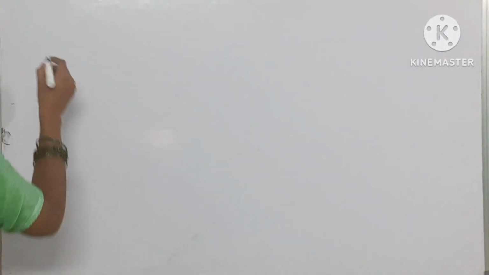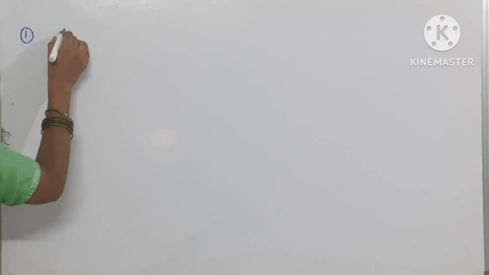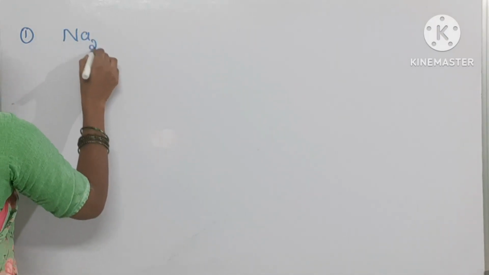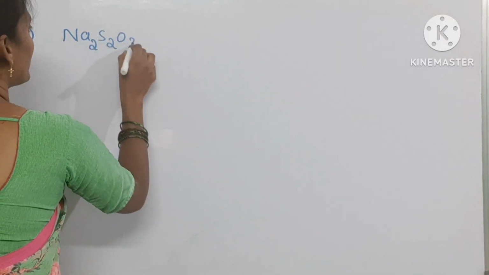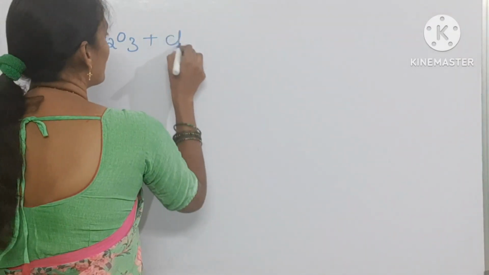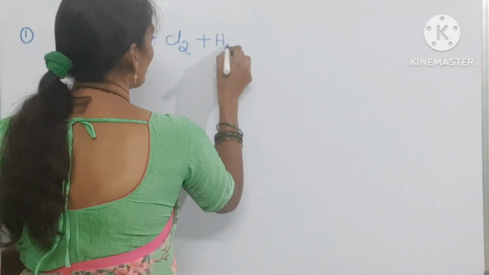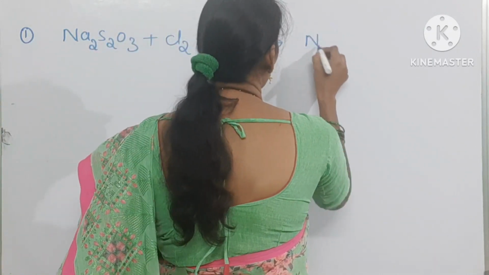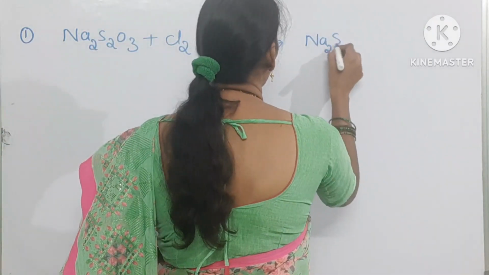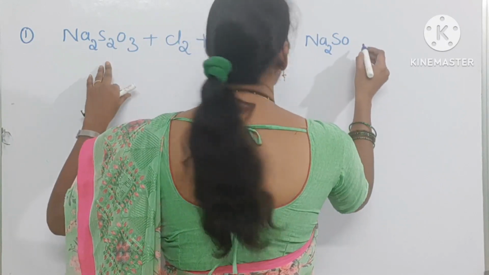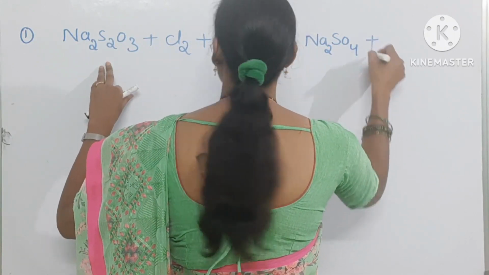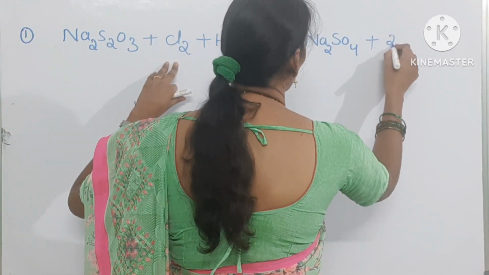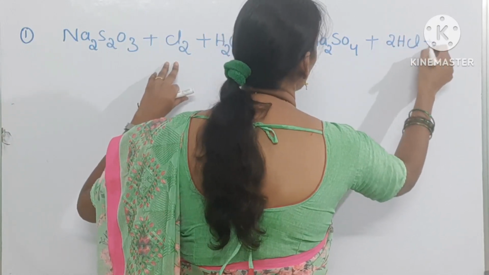First one, hypo, Na2S2O3, reacting with chlorine along with water. Then you will get Na2SO4 and 2 moles of HCl and sulfur.